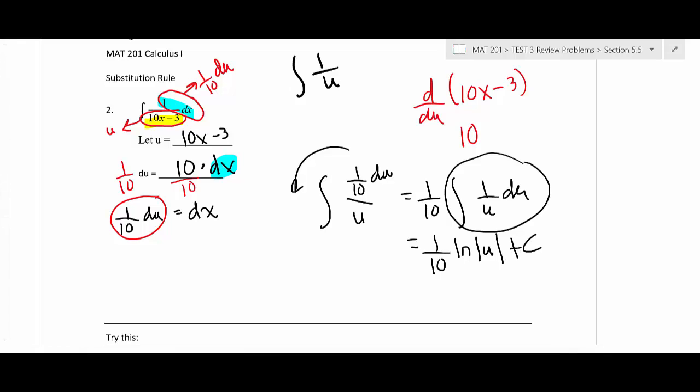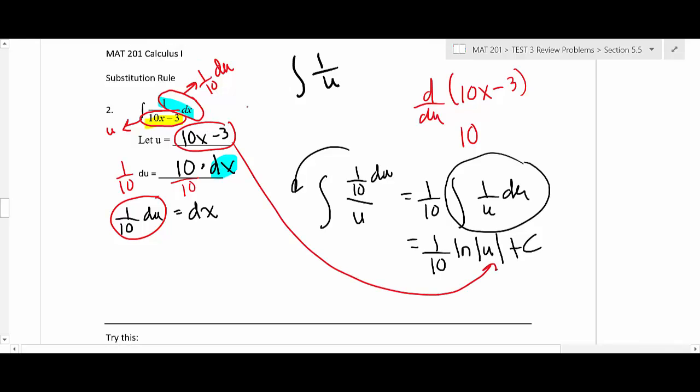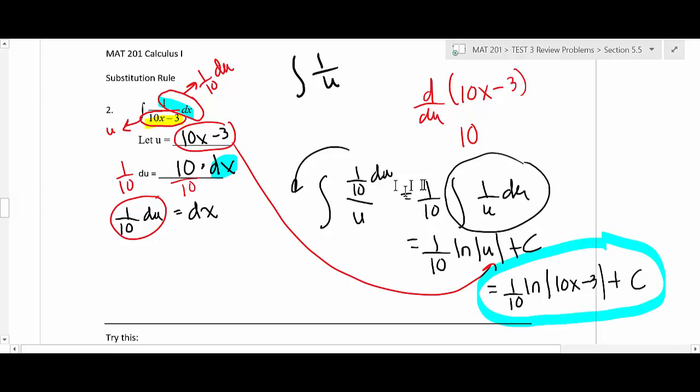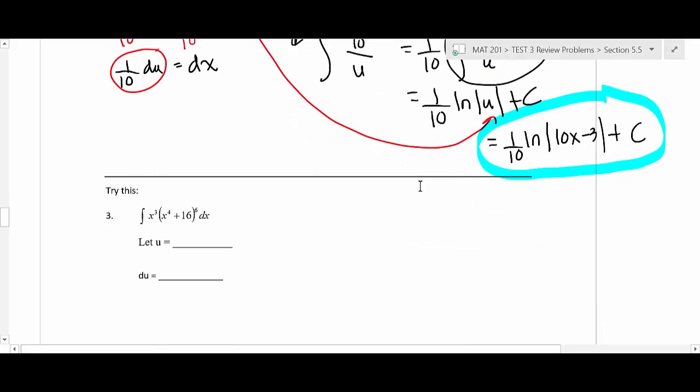And then the last step's always the same: whatever u is, plug it back in, because you want your answer to have nothing but x in it. So that's 1/10 ln of the absolute value of 10x minus 3, plus c. That is the final official answer to that indefinite integral. You can check it by doing a derivative. You can probably do that in your head.